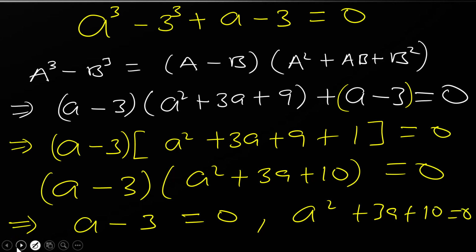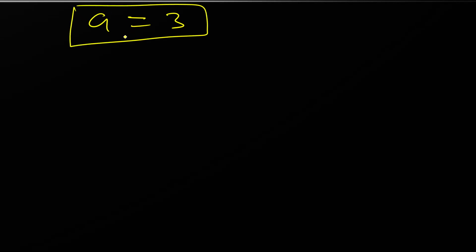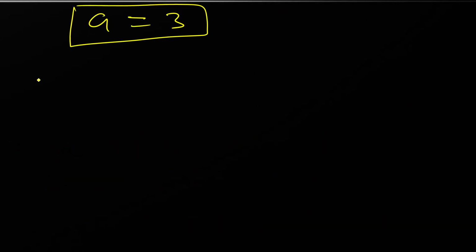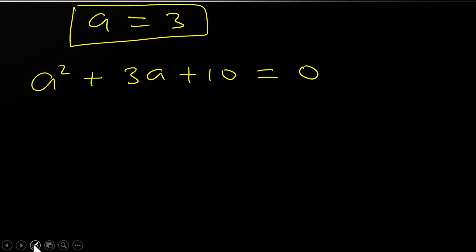So the first answer is a equals 3. Now let's look for the other two solutions, which I think will be complex solutions. So a squared plus 3a plus 10 equals 0. Let's compare this one with the general quadratic equation.